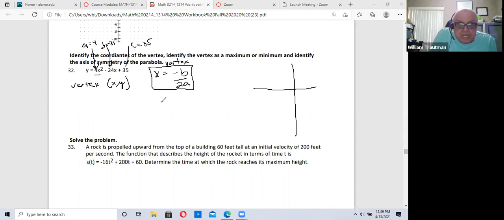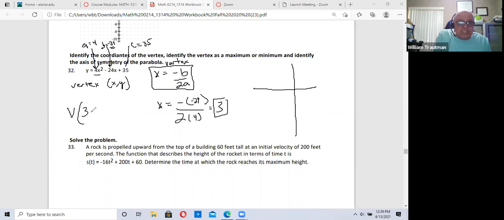So to find the x coordinate, negative b, b is, we already said, negative 24. Put a negative 24 in there. 2 times a, and a is 4. So when I do this math, negative negative is a positive. 24 divided by 8 is 3. That's the x coordinate. The vertex, the x coordinate is 3.